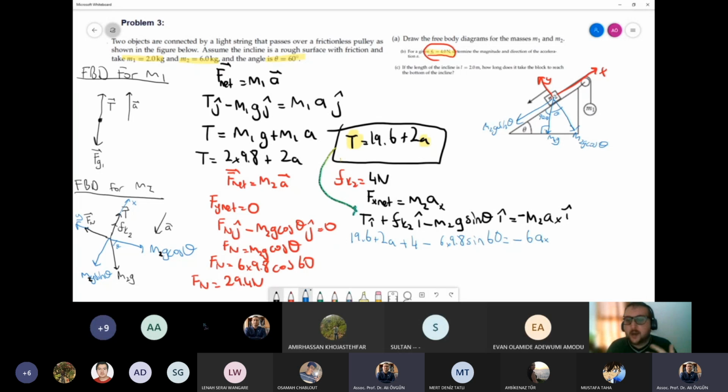Now you have one unknown. This a and ax are the same because they have the same magnitude. So let's write a equal to ax as a magnitude. So now we can calculate it.